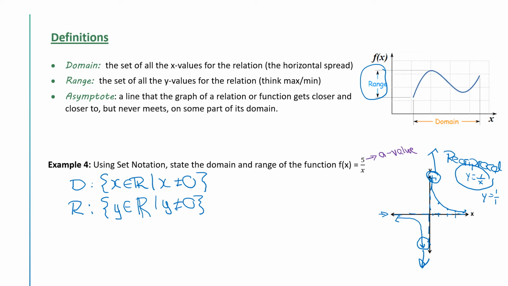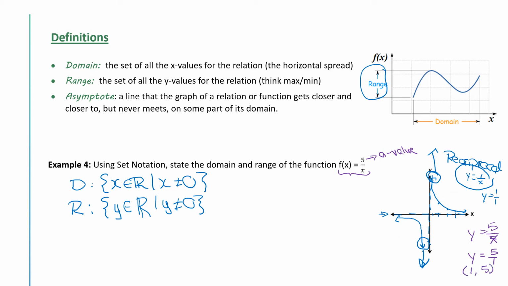So for the function that we're talking about, this f of x, it has an a value, it has a stretch. So this stretch is not changing these restrictions we already had. So even though there would be a vertical stretch here, so for example, if my equation is y equals 5 over x, sorry, and this time I sub in a 1, I'm going to get the coordinate 1, 5 here.